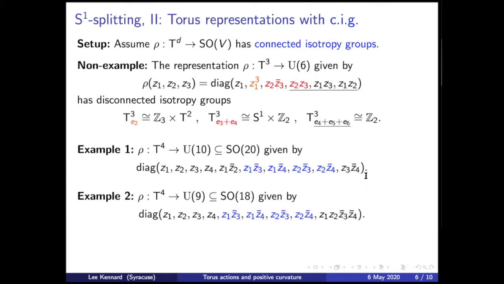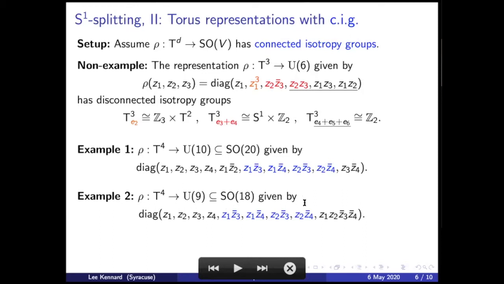Here's a different example. What you do is you copy and paste the blue representations here, and then you add this one. So there are 9 different irreducible representations here. And it turns out that these are different in the sense that you cannot put this inside this representation. This is not a sub-representation.